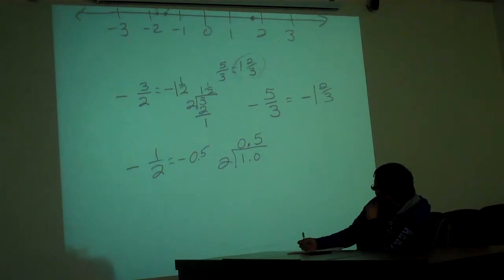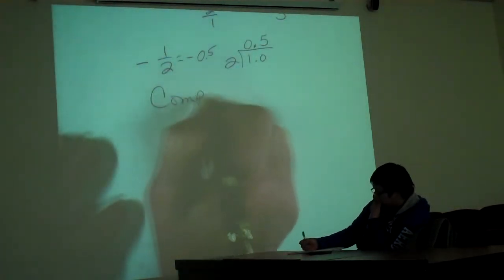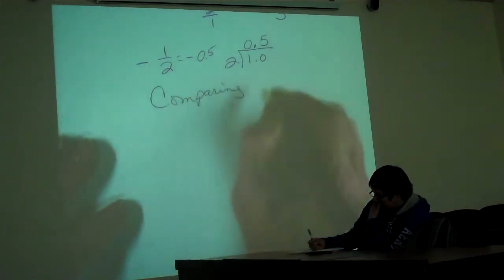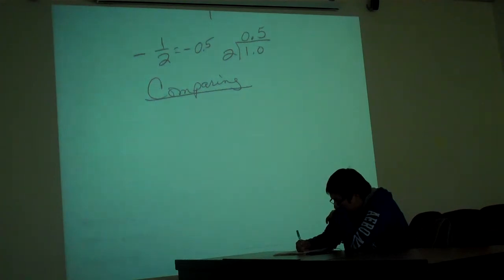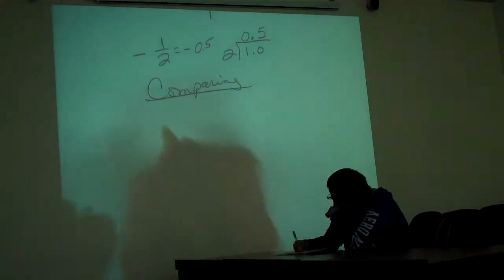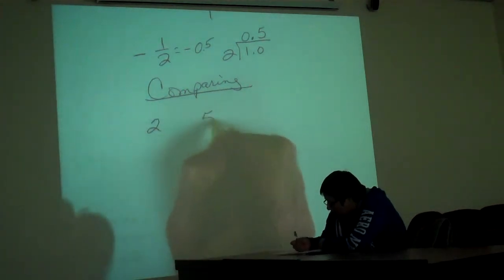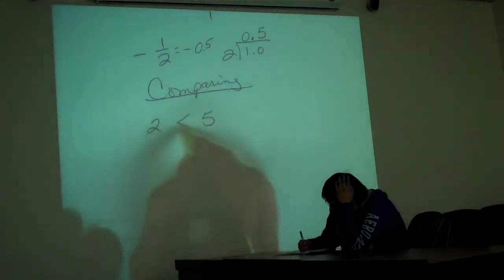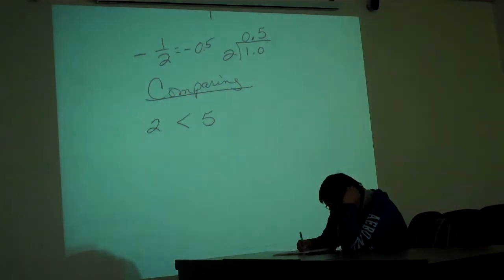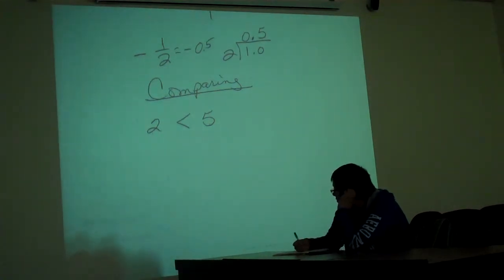Okay, if you're comparing numbers, think about where they go on the number line. You already know how to compare positive numbers, 2 and 5. 2 is less than 5. You already knew that. Okay, now we're going to put some negatives in there.